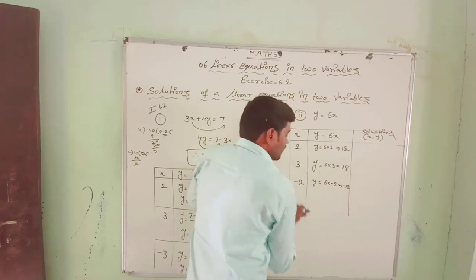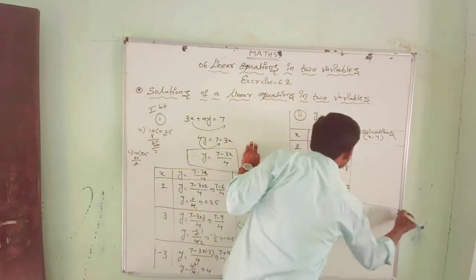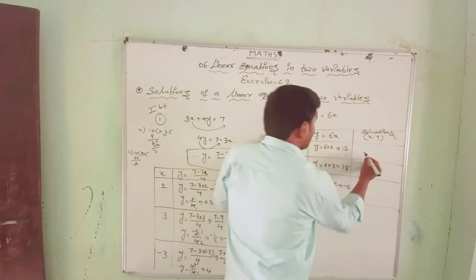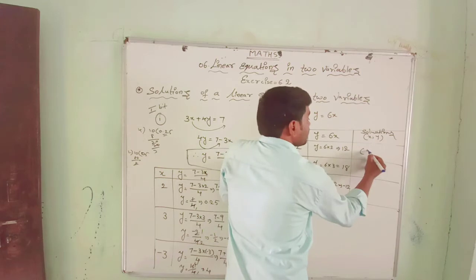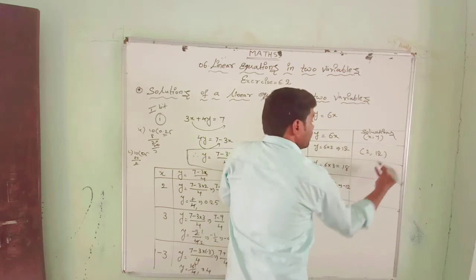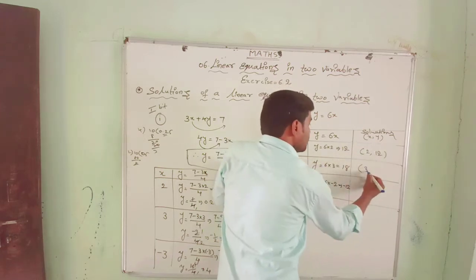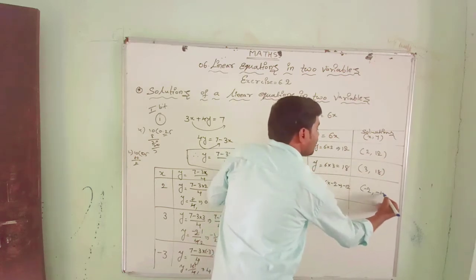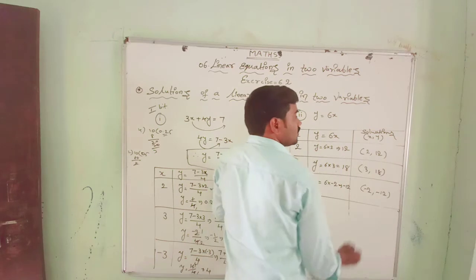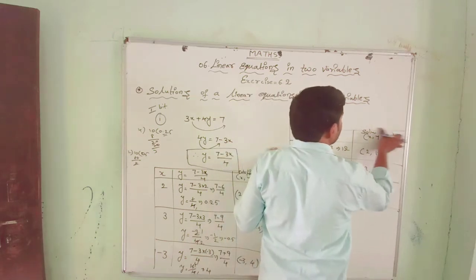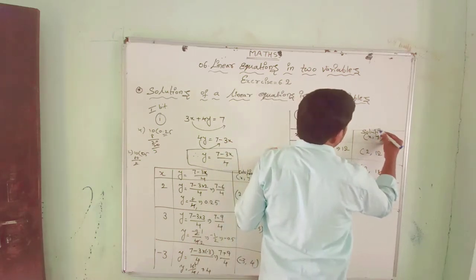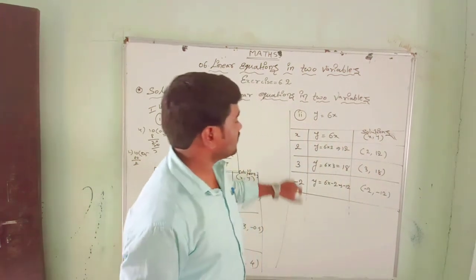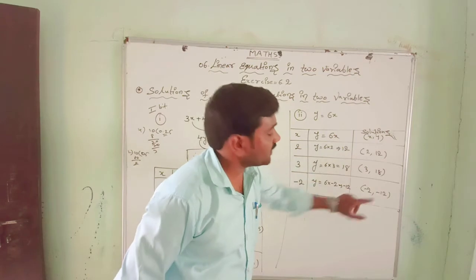Like that you can assume infinite numbers and get infinitely many solutions. See, when x is 2, y is 12. When x is 3, y is 18. When x is minus 2, y is minus 12. So we got three solutions now. This is enough.